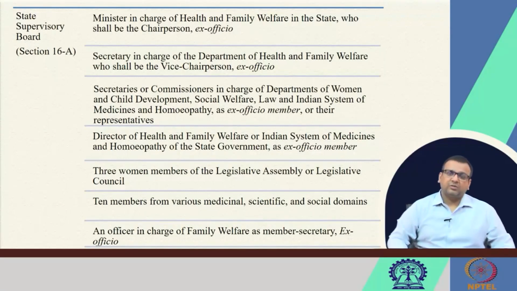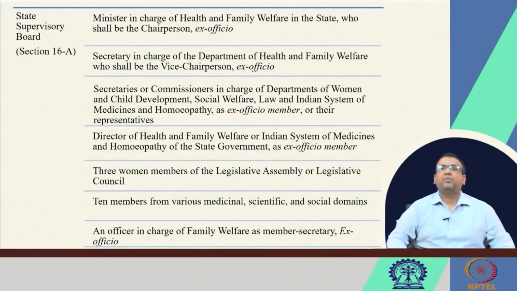So, we have discussed the central supervisory board. Here comes the state supervisory board under section 16A. So, who all are included under the state supervisory board? The minister in charge of health and family welfare in the state, who shall be the chairperson ex officio. Secretary in charge of the Department of Health and Family Welfare, who shall be the vice chairman ex officio. Secretaries or commissioners in charge of departments of women and child development, social welfare, law and Indian system of medicine and homeopathy as ex officio members or their representatives.